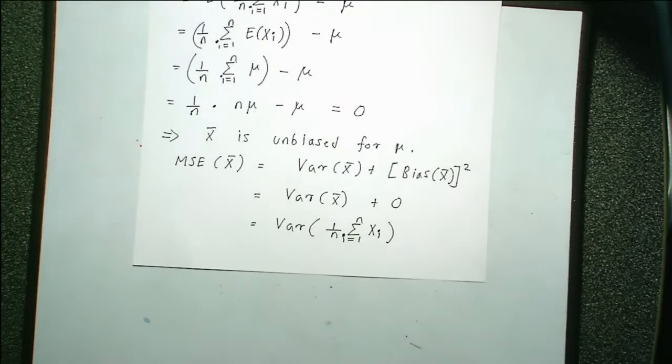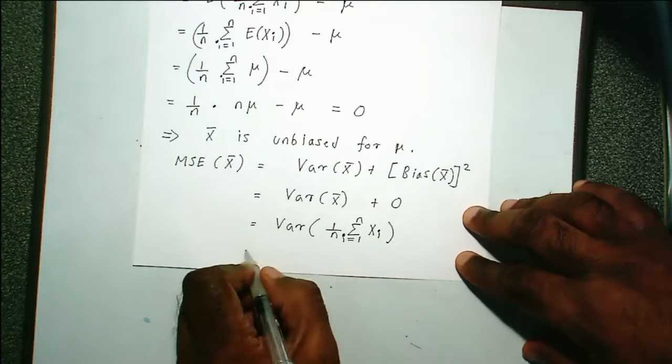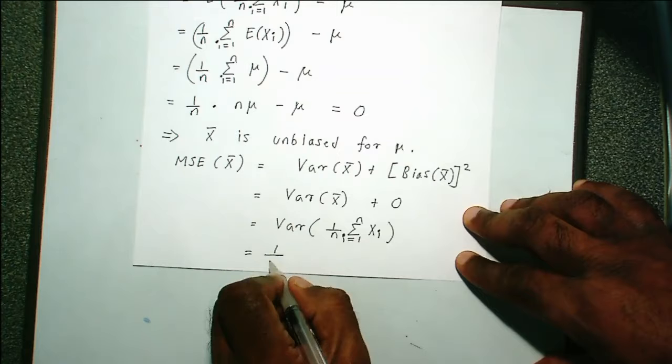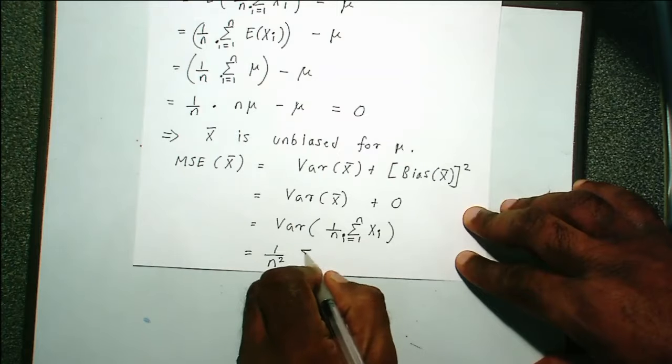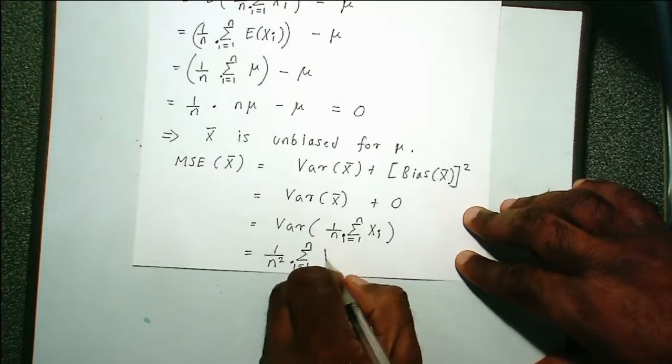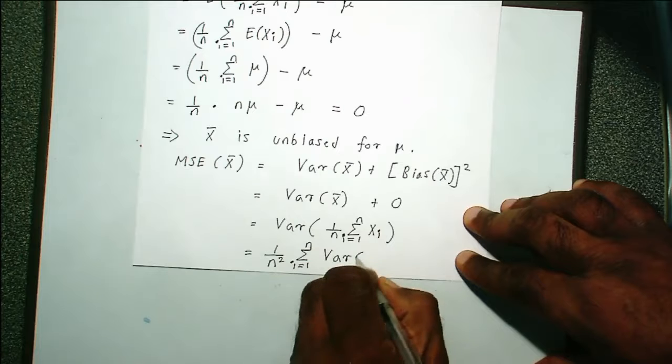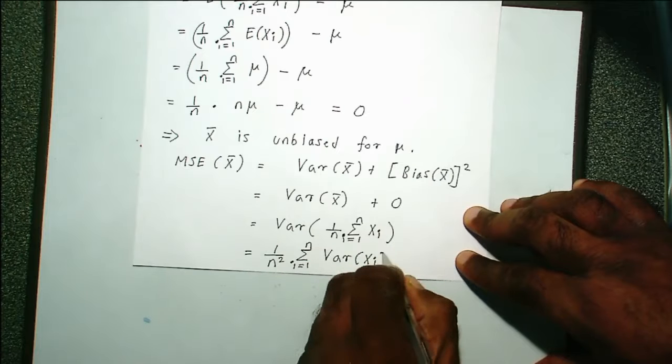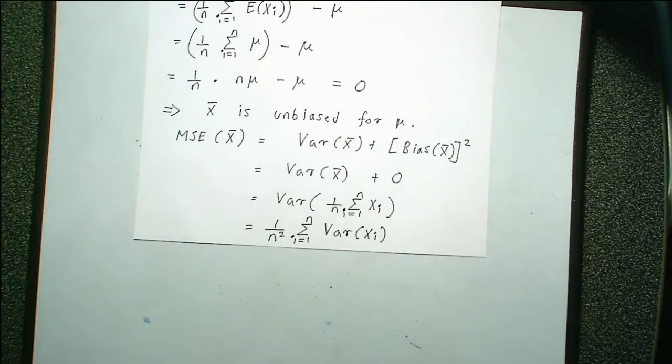You with me, guys? Now, if you take the variance inside, it becomes 1 over n squared times the sum of the variance of xi. Yes? Now, what's the variance for a normal variable? Sigma squared, yes.